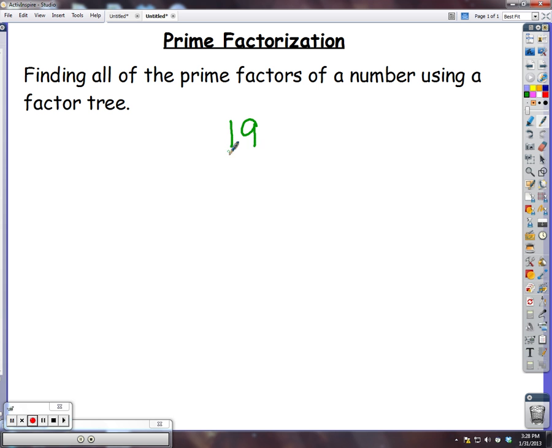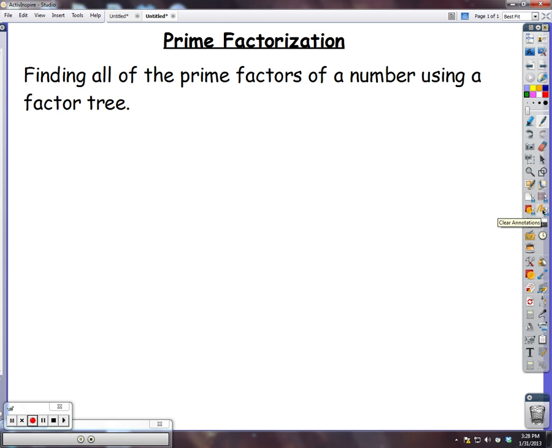I cannot do a factor tree that says 1 times 19, because if you recall, I said you can never use the number 1 in a factor tree. Actually, all I would need to do is circle 19 because it is already a prime number.